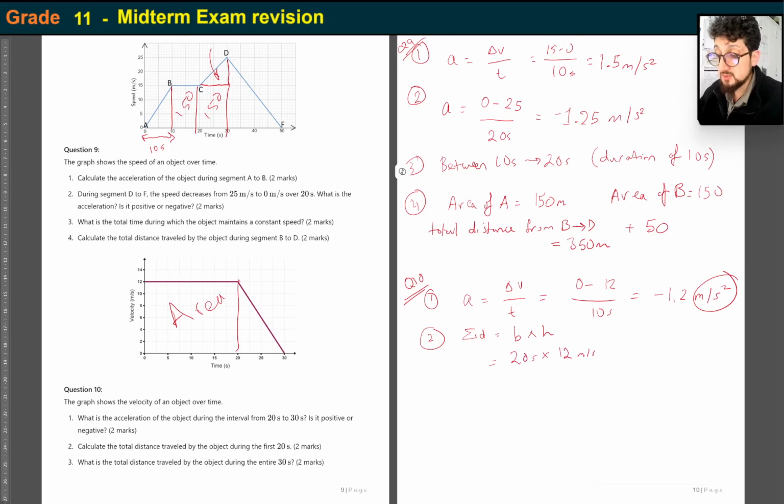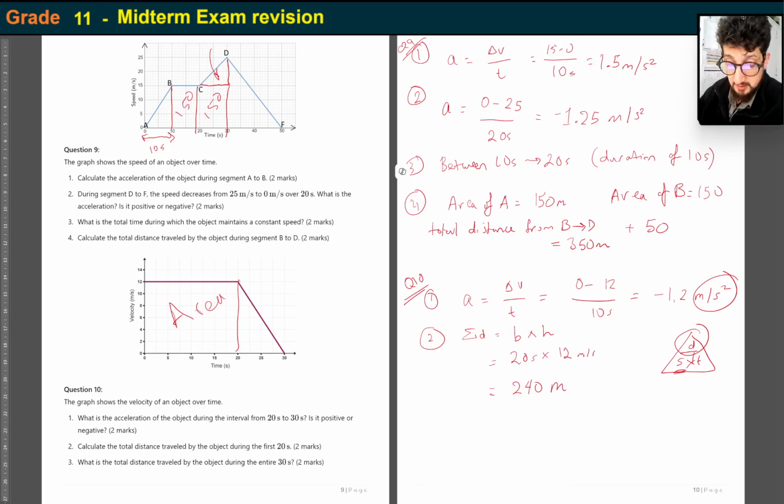Now, of course, time times speed equals distance, because speed equals distance over time. So if we want the distance, we multiply the speed by the time. And so this is the speed, this is the time. And velocity is speed with direction, in case somebody's having any thoughts about that. So 240 meters. Okay? And that's what that is.